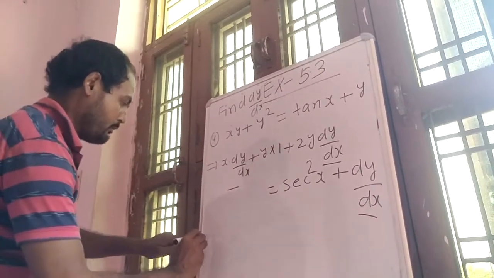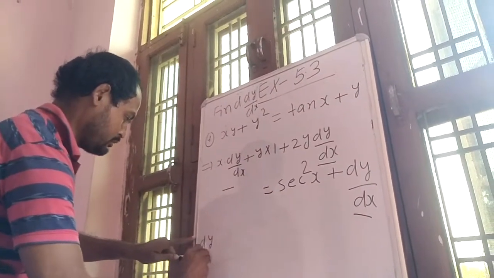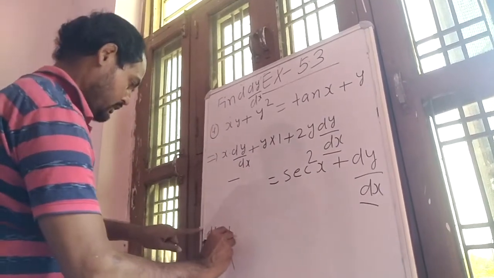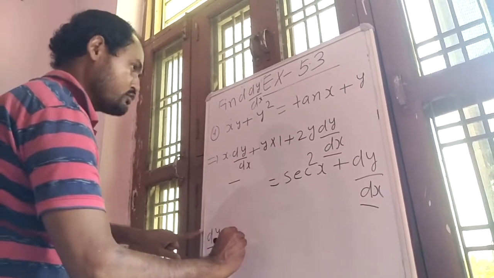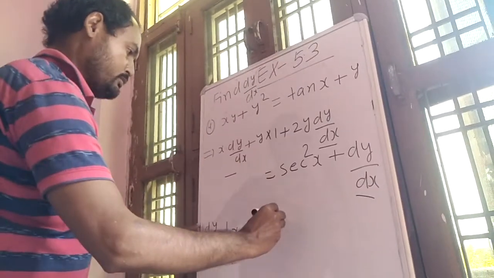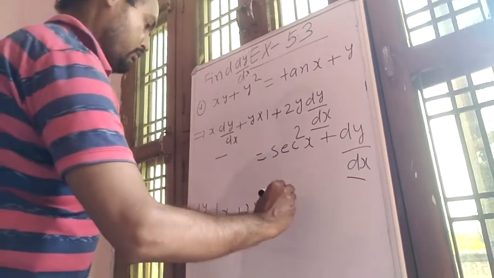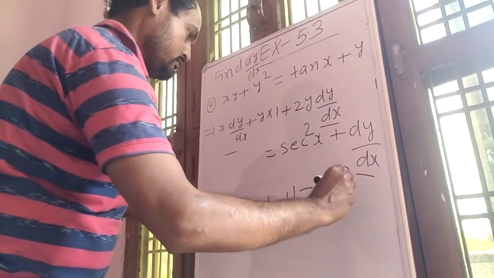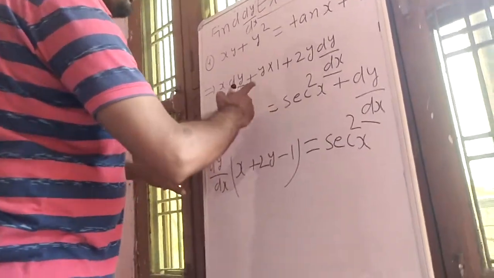So we take common, and on the LHS we have dy/dx. Here is x, plus 2y, and also minus sec²(x + y) on the LHS, so minus 1, and on the RHS sec²(x + y) minus y.